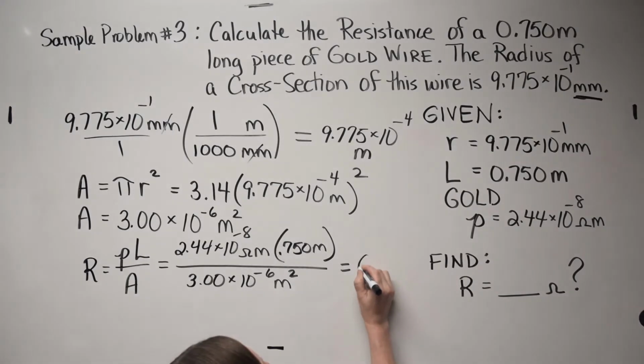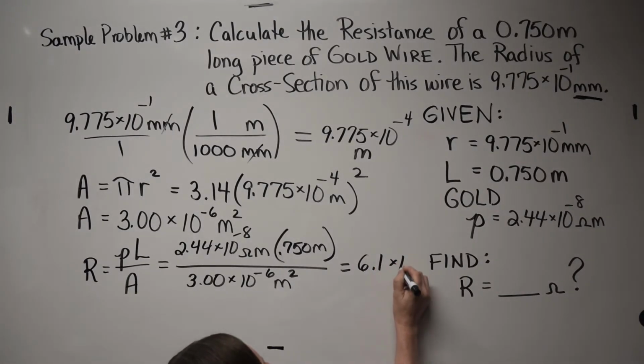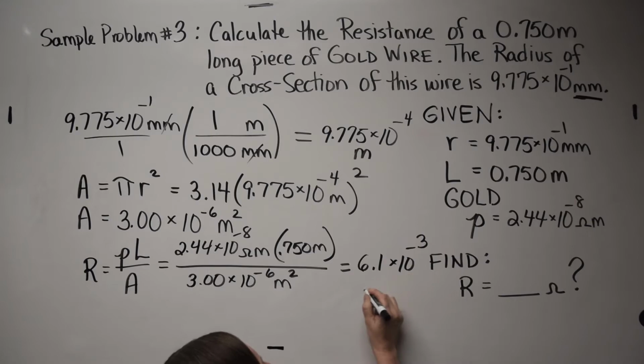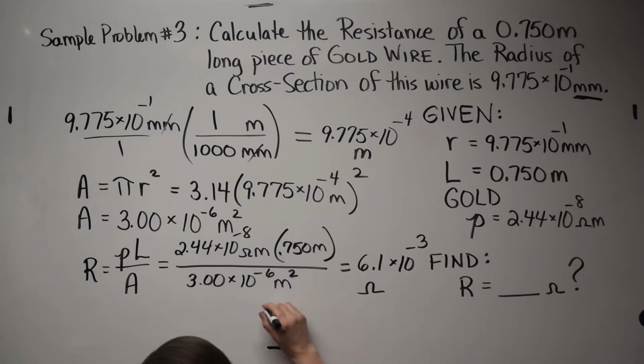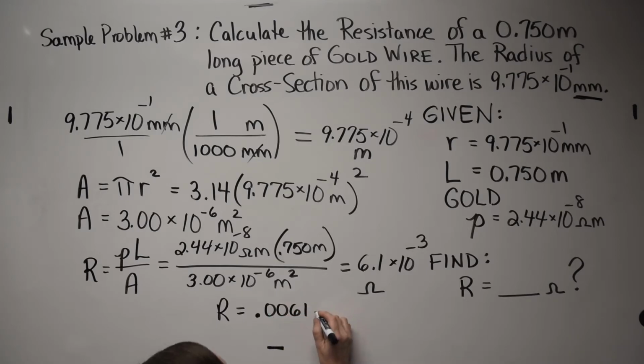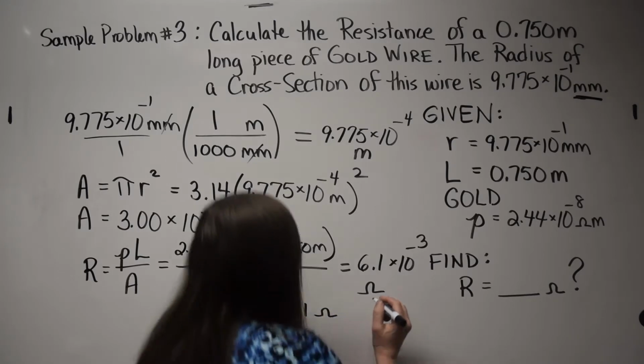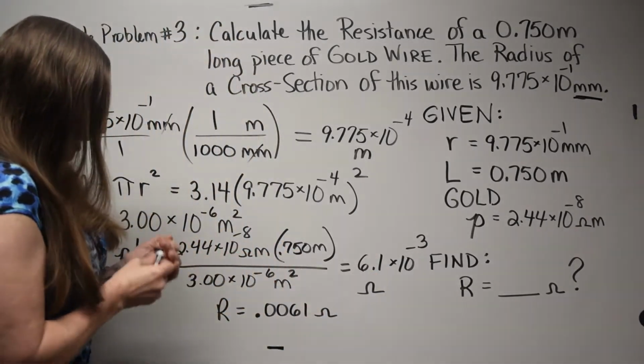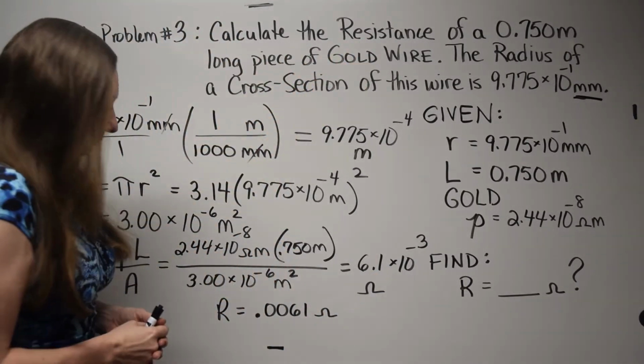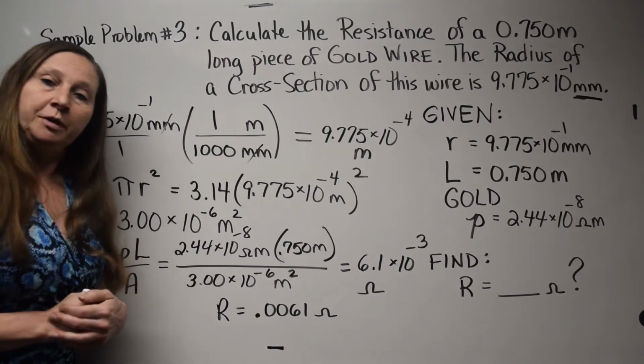Now, there's no reason to convert this to a decimal, but just for the record, that would be 0.0061 ohms. So we have calculated the resistance of this piece of wire.